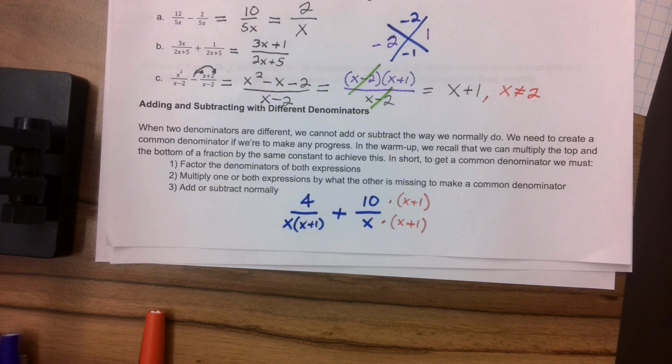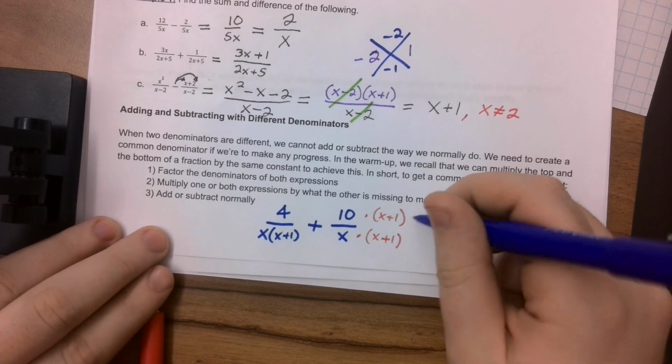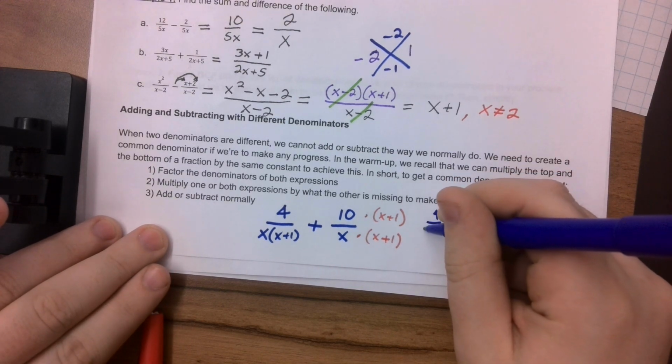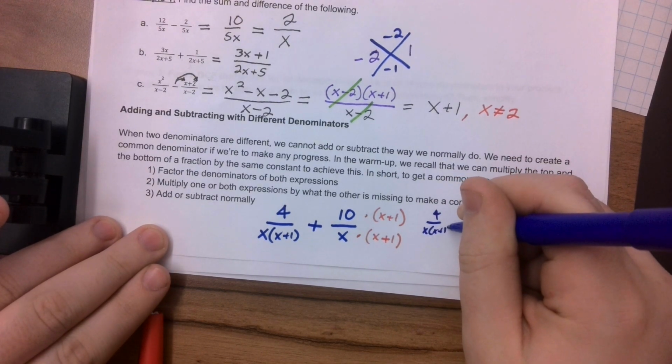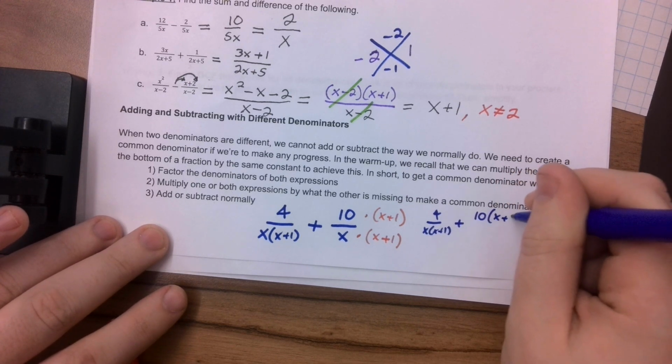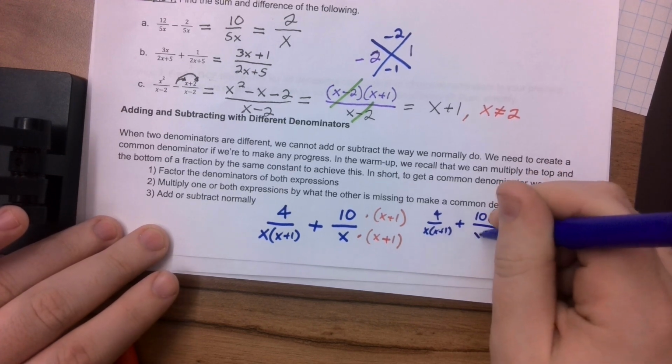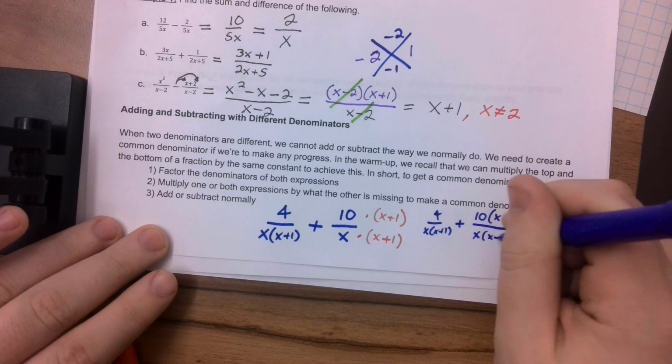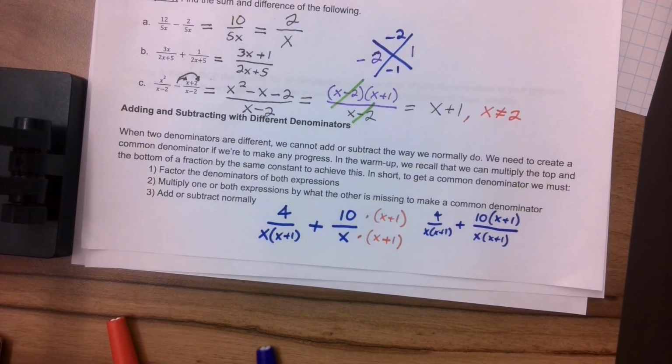As we multiply that out, we get the following. We get 4 over x times x plus 1 plus 10 times x plus 1 over x times x plus 1. Beautiful. And now that they have a common denominator, we can add them.